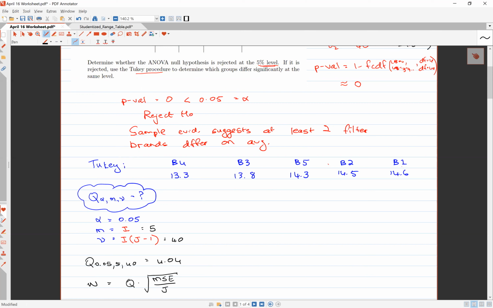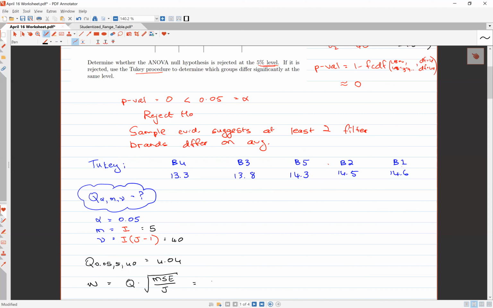But in implementation, we don't actually go through that construction. We just assess whether the sample averages are far enough apart that they wouldn't be in the same confidence interval. And that's what this width tells us. If they're this distance W apart, W or more, they wouldn't have overlapping confidence intervals.